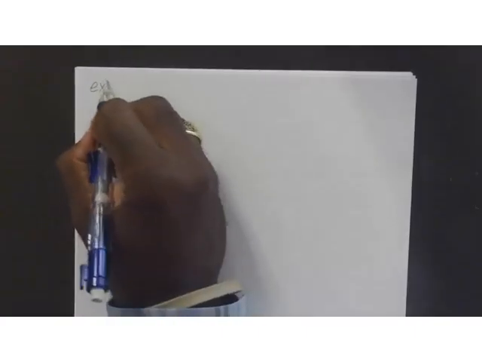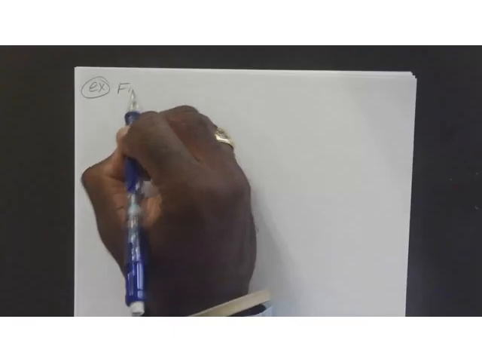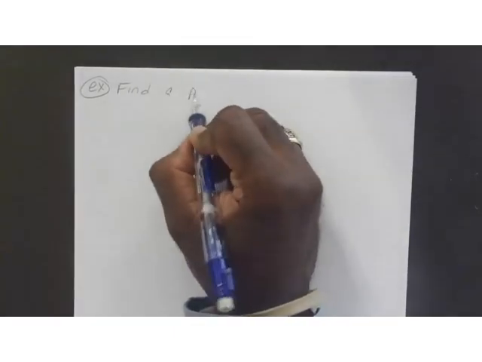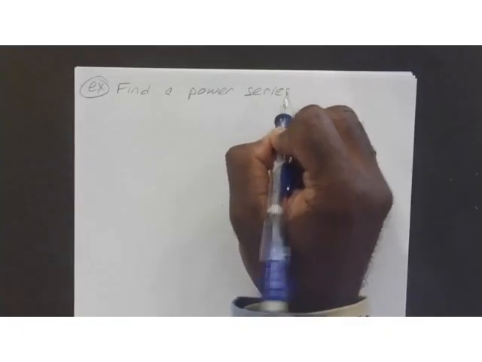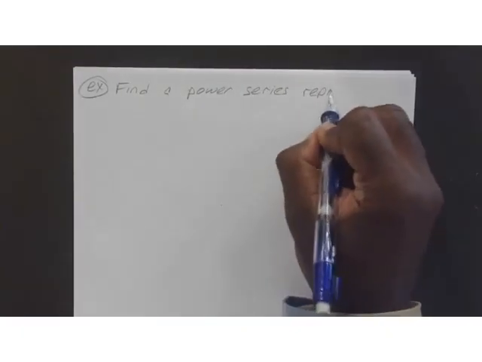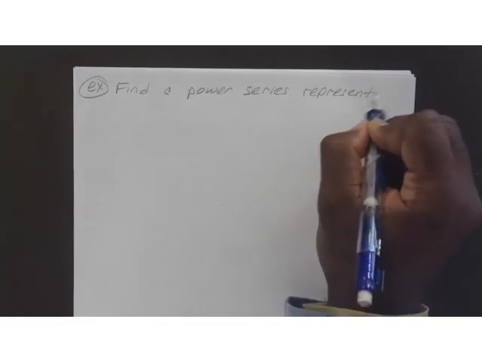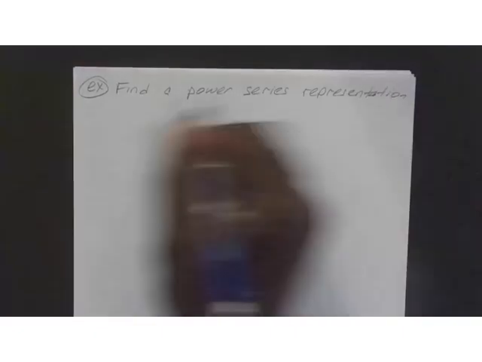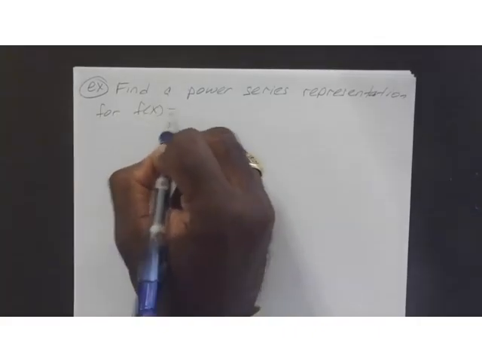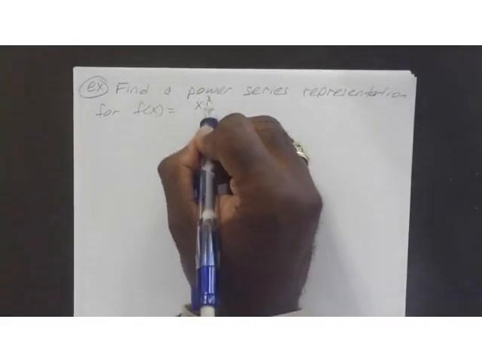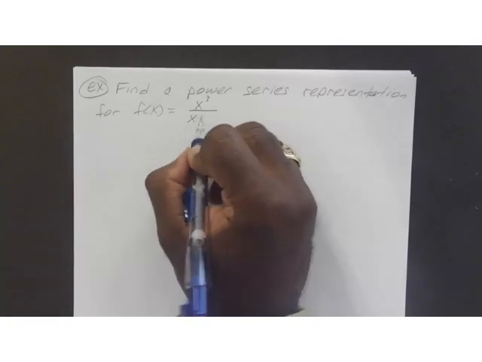Okay. So let's say, for example, we wanted to find a power series representation for f of x is equal to x to the third power divided by x plus 2.